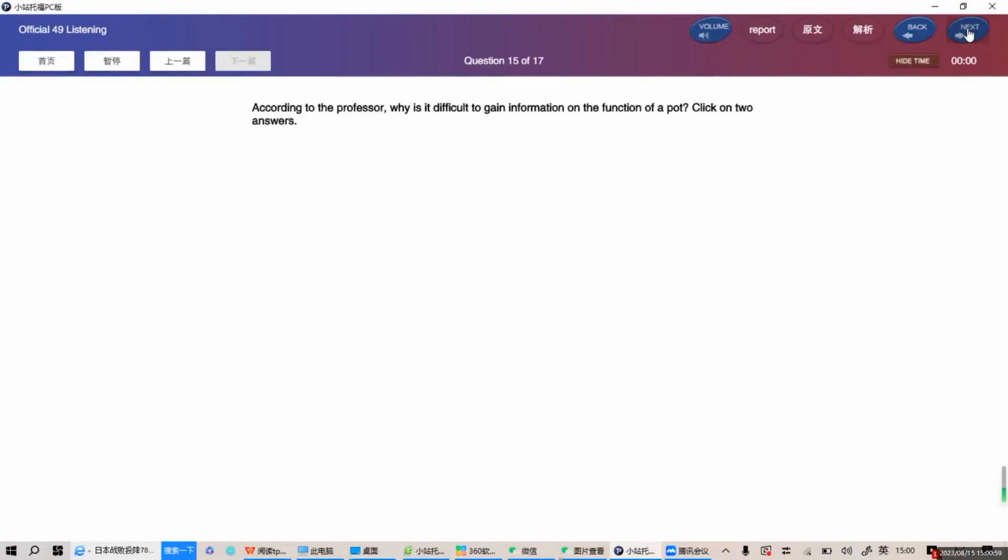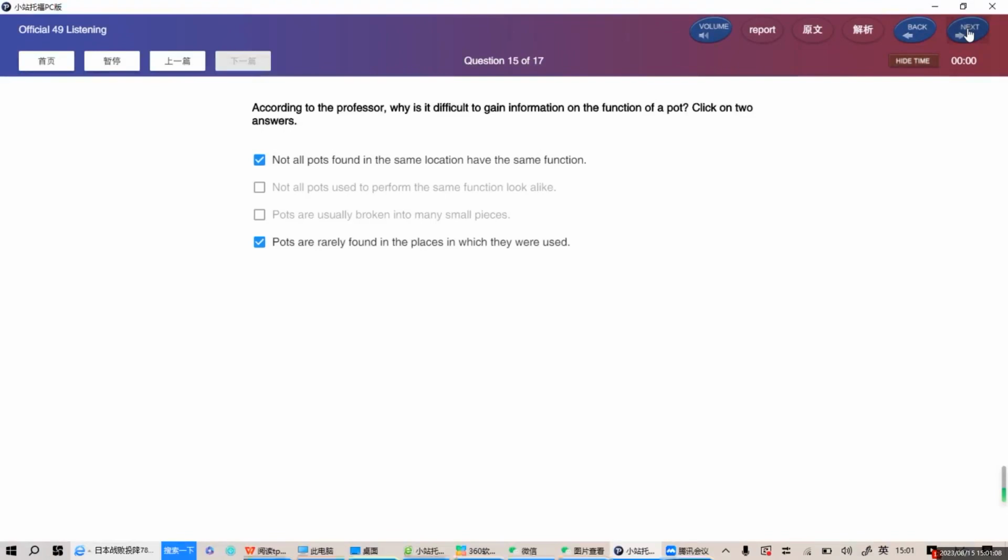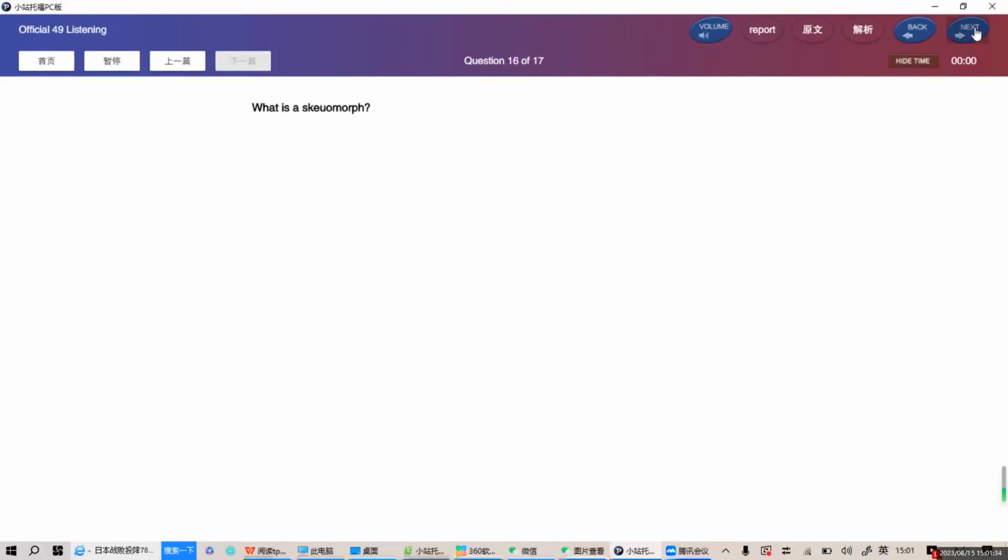According to the professor, why is it difficult to gain information on the function of a pot? What is a skeuomorph?